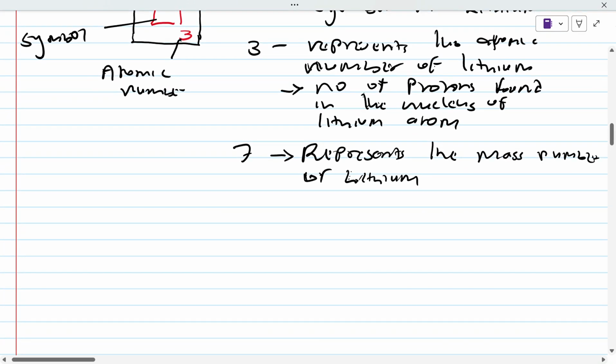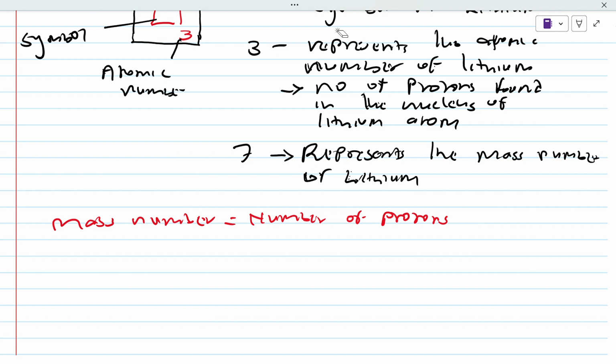Now, to summarize our session, what did we say? How are we getting the mass number? We get the mass number when we add the number of protons plus the number of neutrons.